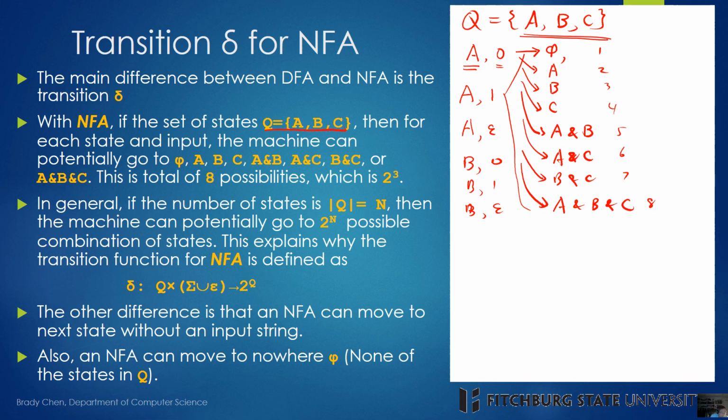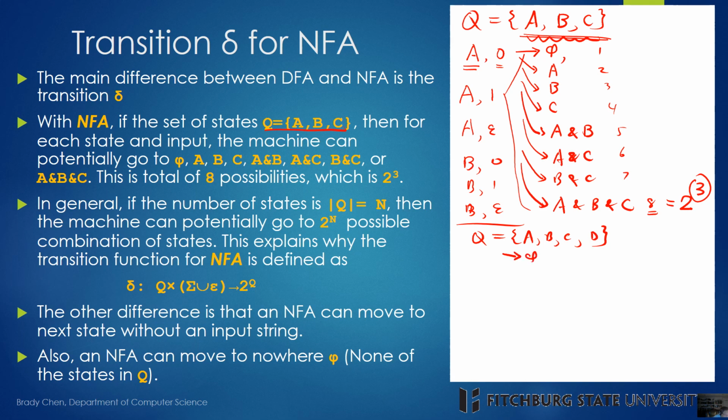Now this number is not really a random number. It's 8, which is actually 2 to the 3. What's that 3? That 3 is the number of states. For example, if we have another case, Q equals A, B, C, D, you have 4 states, right? Then what's the potential destination?